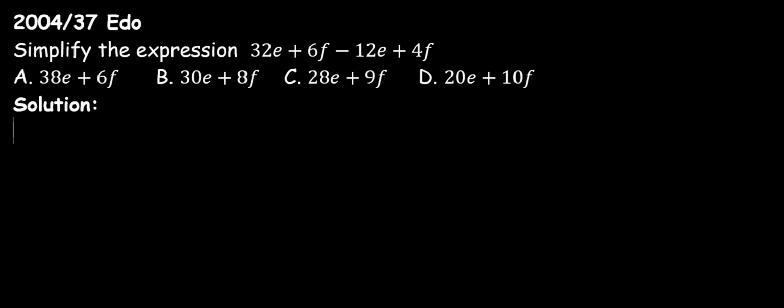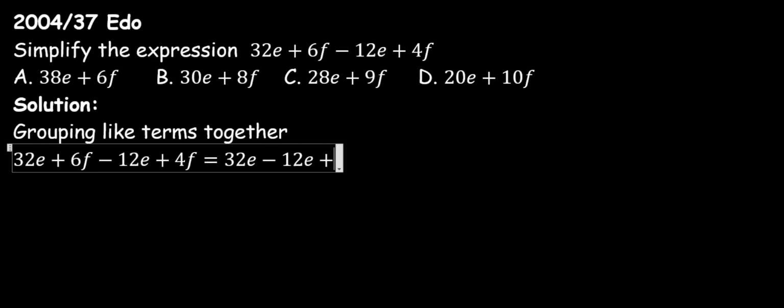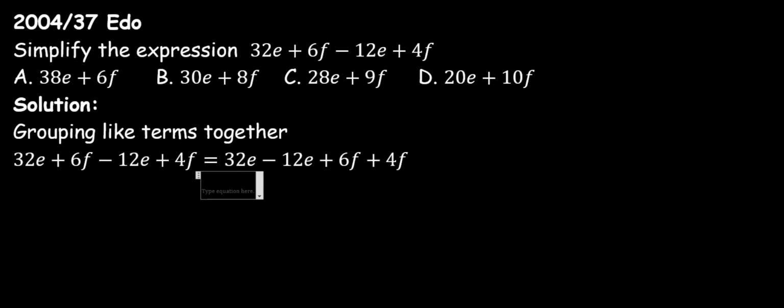Solution. Grouping like terms together, we have 32e plus 6f minus 12e plus 4f will be equals to 32e minus 12e plus 6f plus 4f. And that will give us 20e plus 10f.